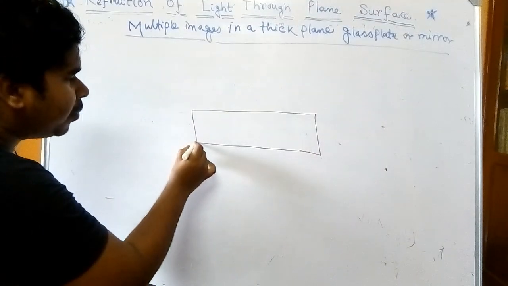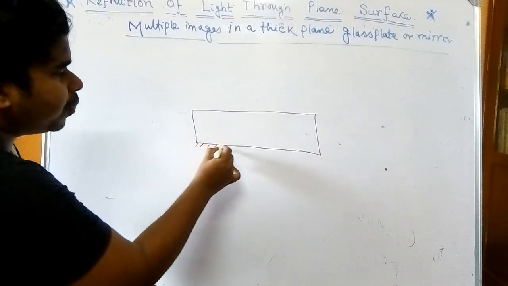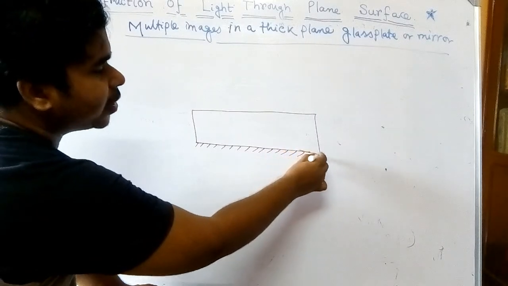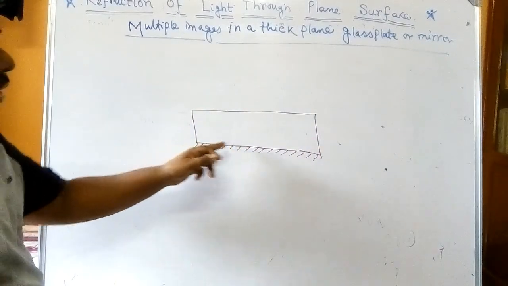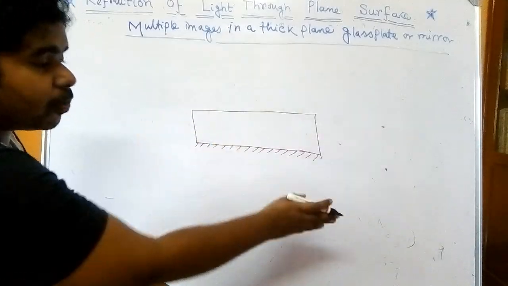Here the glass plate means the light ray cannot pass through it. It is a thick mirror, and this shows the obstacle beyond which the light ray cannot pass.